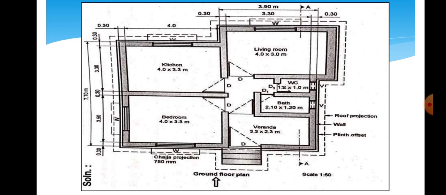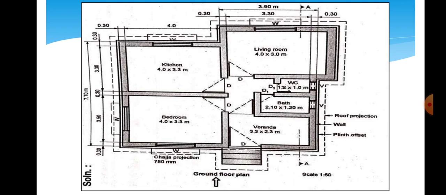Then in the next column you have to write the specification of that window or door. For example, for a window you should write 2-track aluminum powder coated sliding windows.